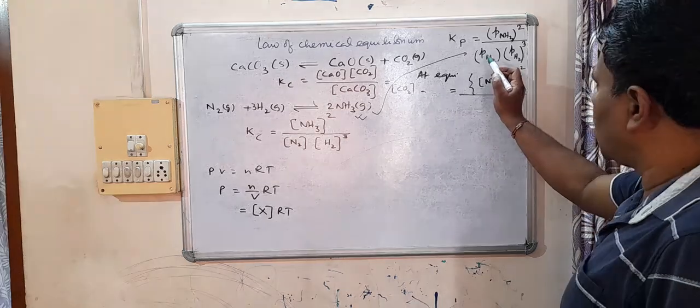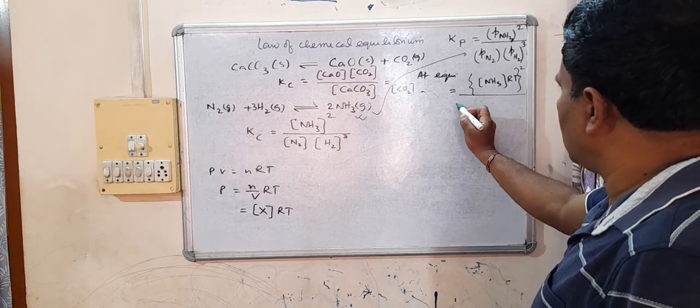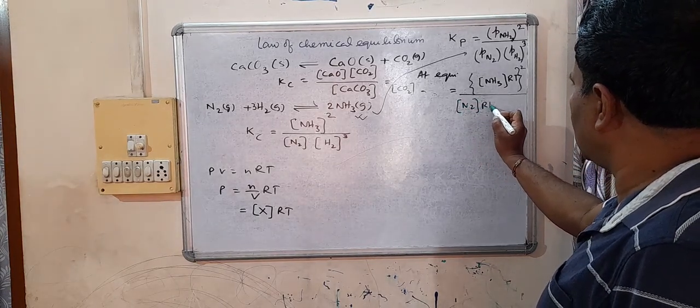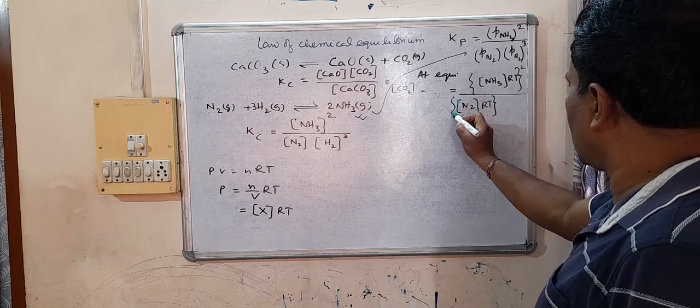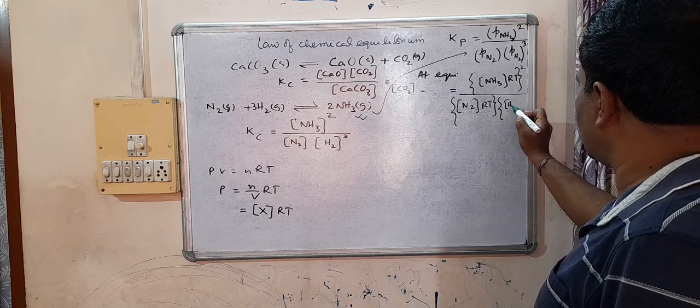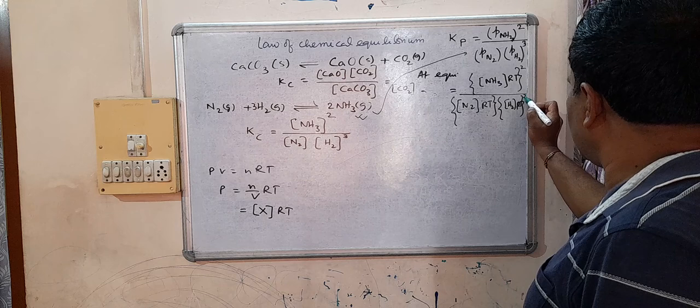Similarly, partial pressure of nitrogen will be molar concentration of nitrogen times RT, and this one will be molar concentration of hydrogen times RT to the power 3.